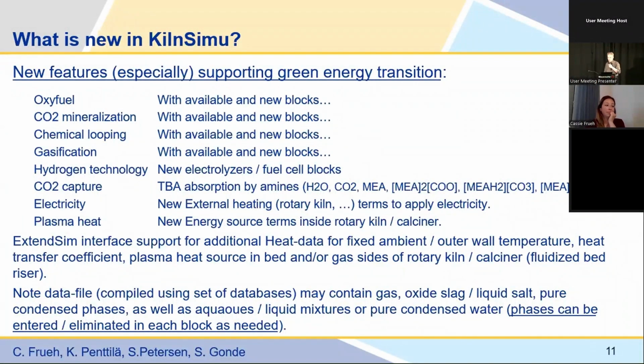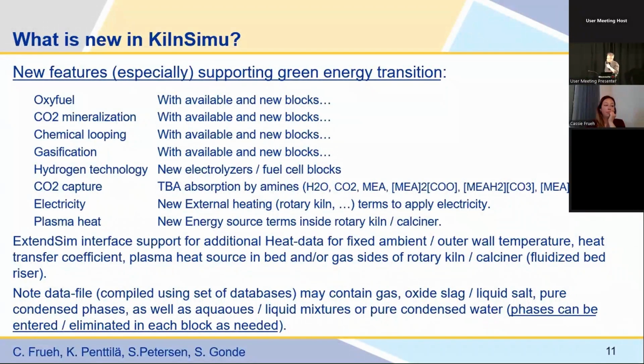And also I'd like to emphasize that when you compile the data file, it can contain many different kinds of phases, like of course the gas and oxide slag and the cement phases, for example, pure condensed phases. But then it can also include a separate aqueous solution phase.